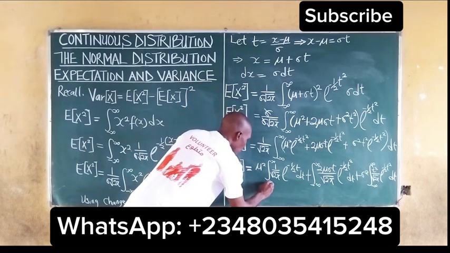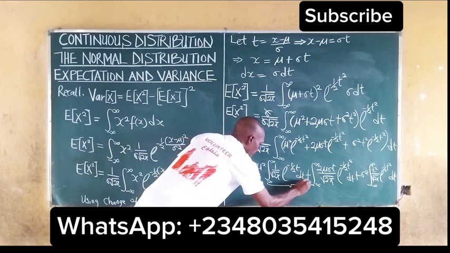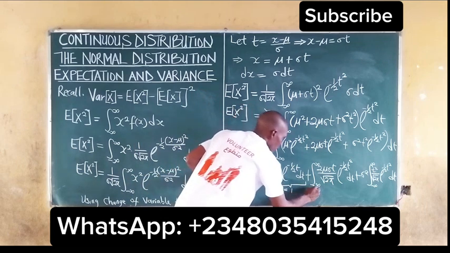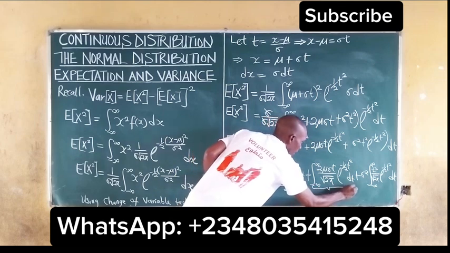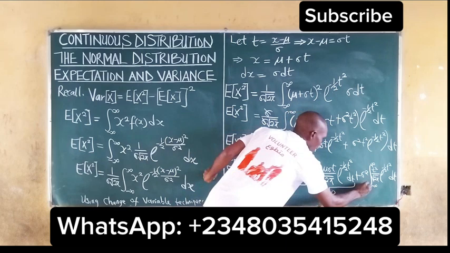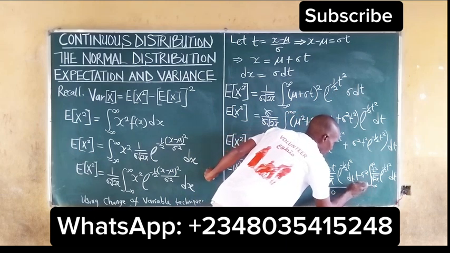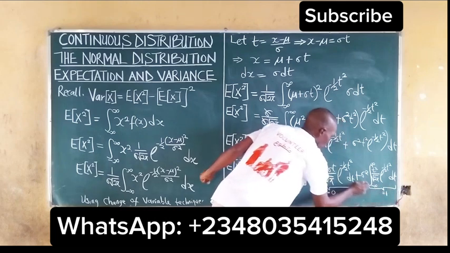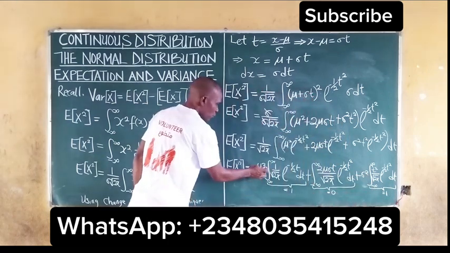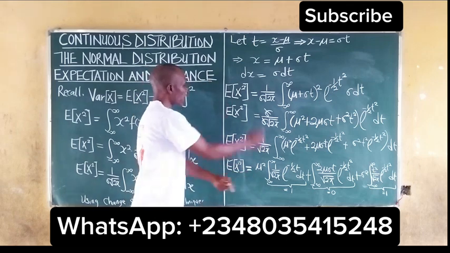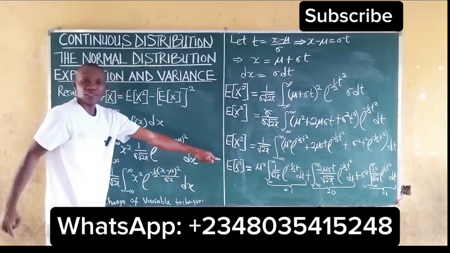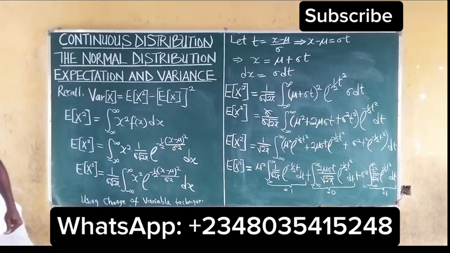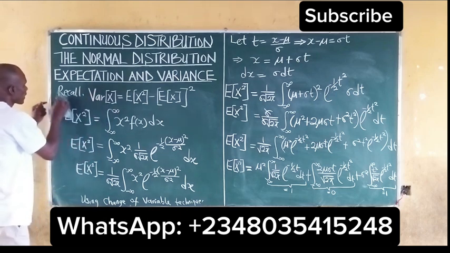Of course, the whole of this is equal to 1, the whole of this is equal to 0, and the whole of this is equal to 1. So we have sigma squared multiplied by 1, mu squared multiplied by 1. So we move over to this other side to complete this. We'll delete this and rewrite it back.